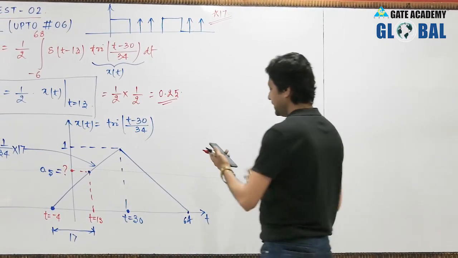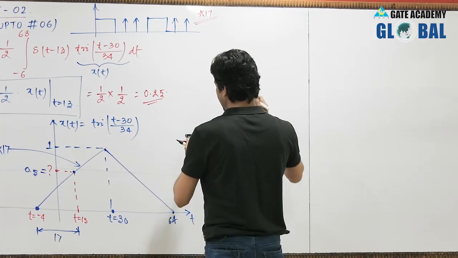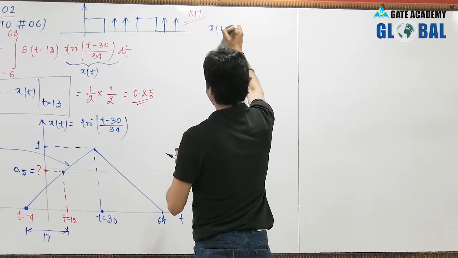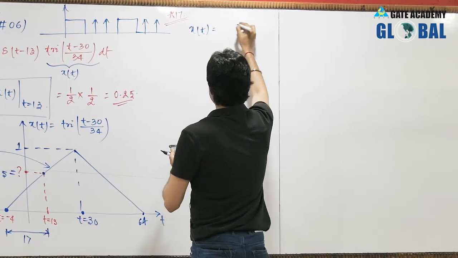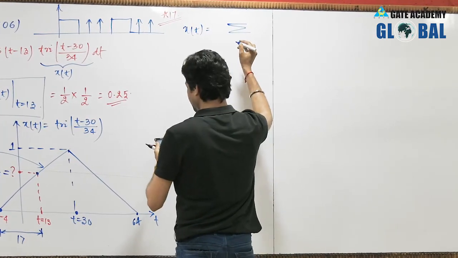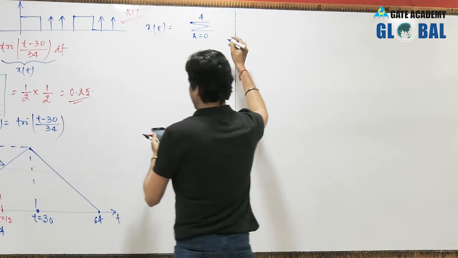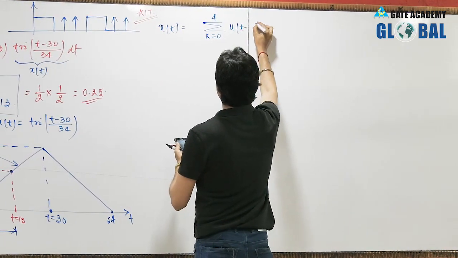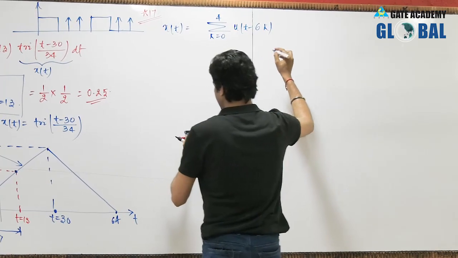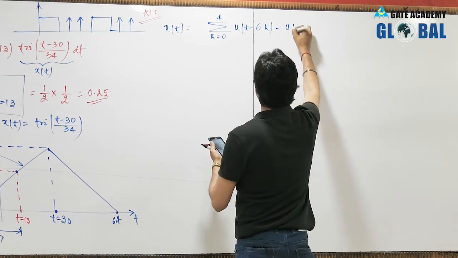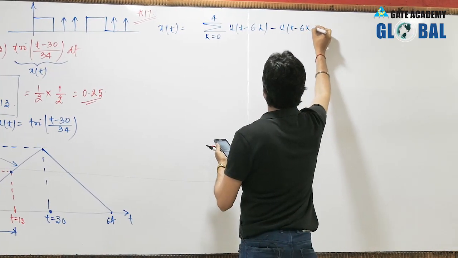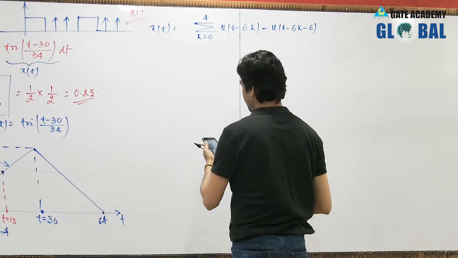So if you see here, it is given that the signal x of t equals summation from k equals 0 to 4 of u of t minus 6k minus u of t minus 6k minus 6.